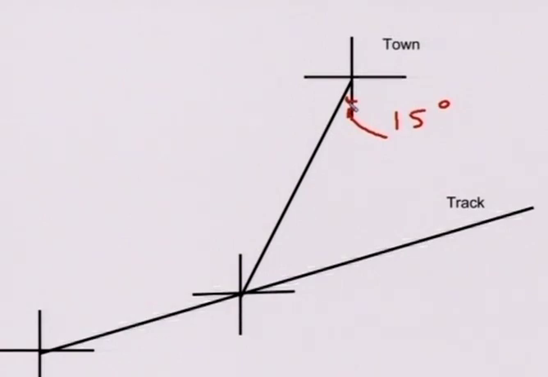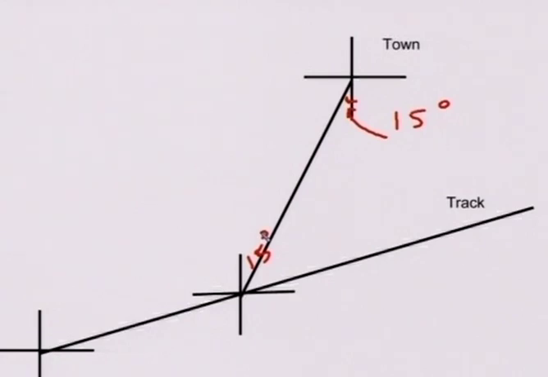So I've got a single line for the track and a single point up there for the town. I drew in the axes so that you can see the difference there. I always look when I do any kind of axes to see, are there parallel lines? And by drawing in the axes, I can see where some of those angles are. That angle there becomes a 15-degree angle. Now, whether it's really important to me, I don't know yet.